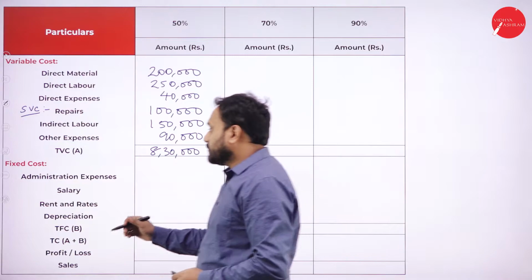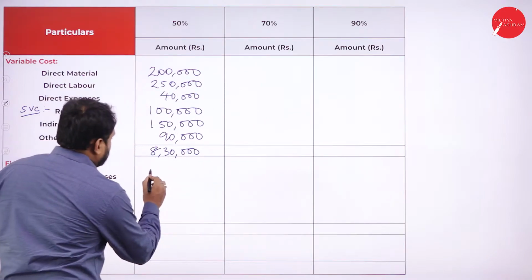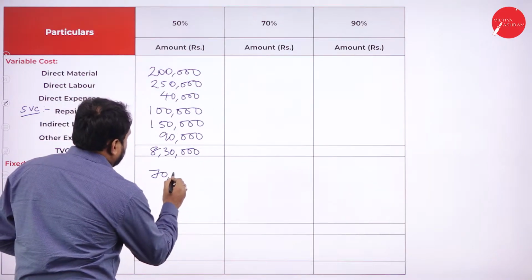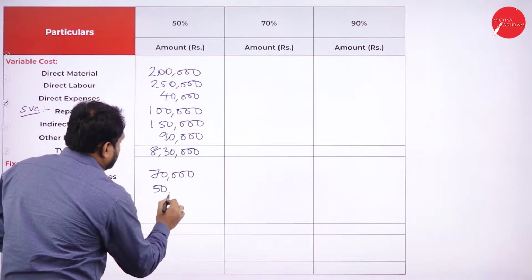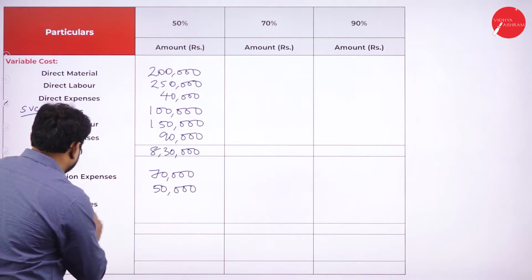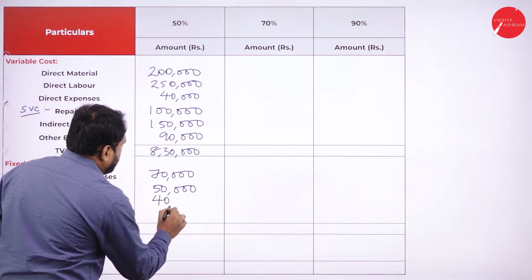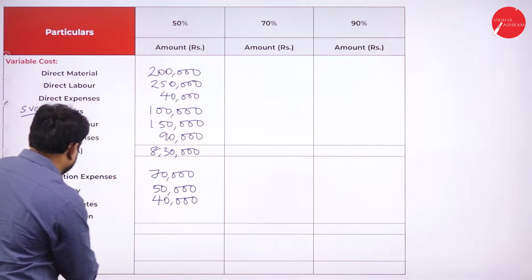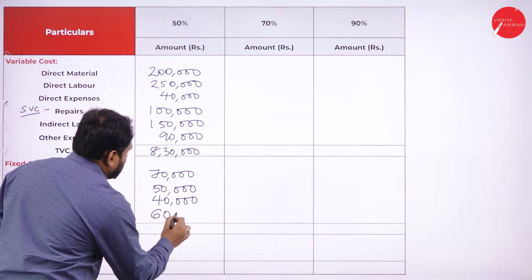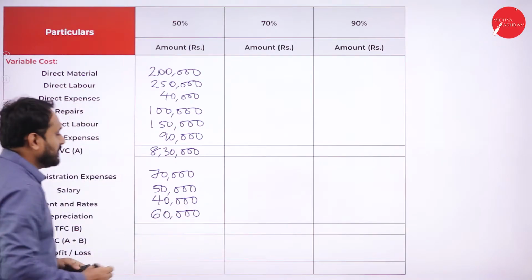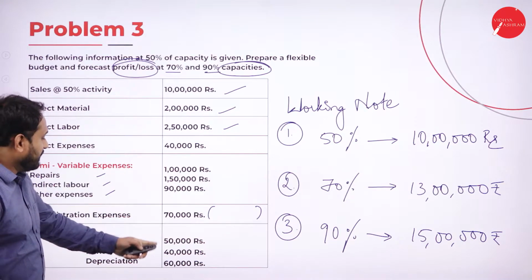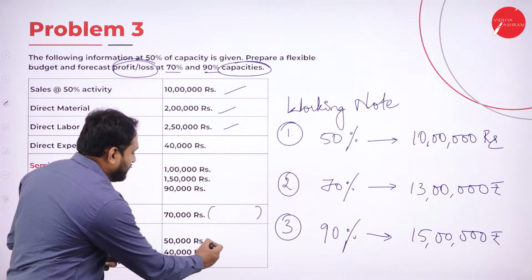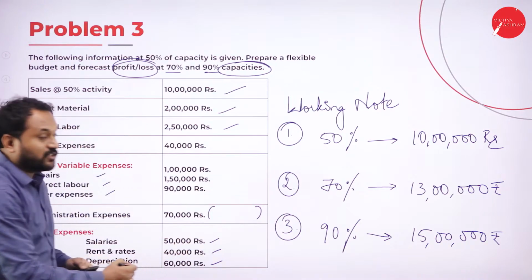So we'll write here 70,000. Then salary is 50,000. Rent is 40, and then depreciation is 60,000. 70, 50, 40 and 60, we have taken these entries also.